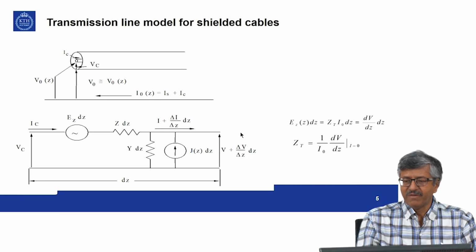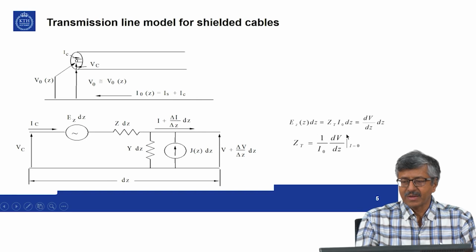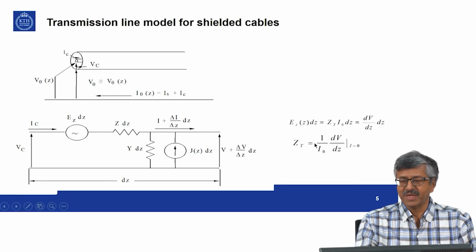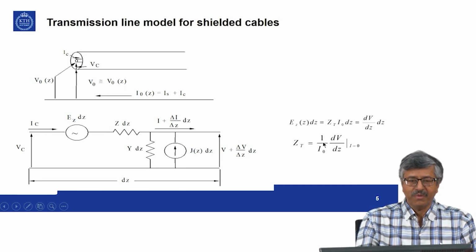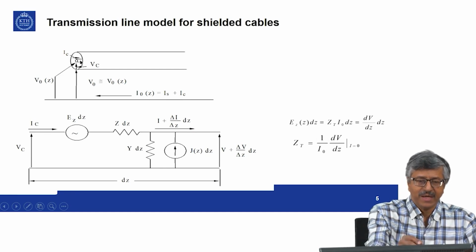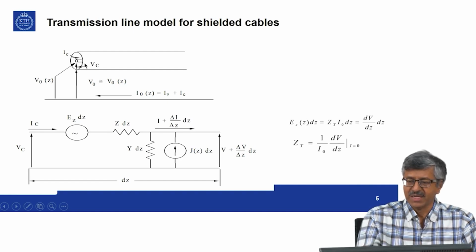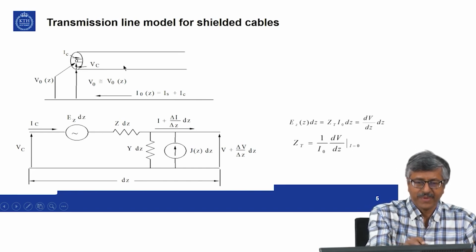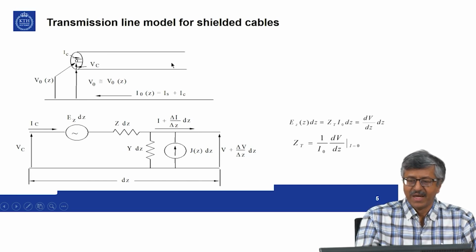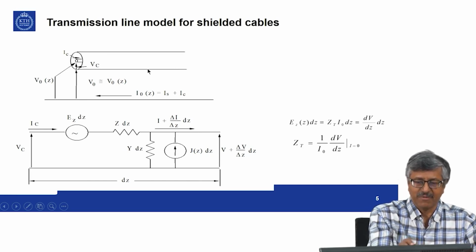Now, we define an impedance which is called the transfer impedance in such a way that it should be a measure of the differential mode voltage appearing between the inner conductor and the shield per ampere of the current along the shield and per distance travelled.